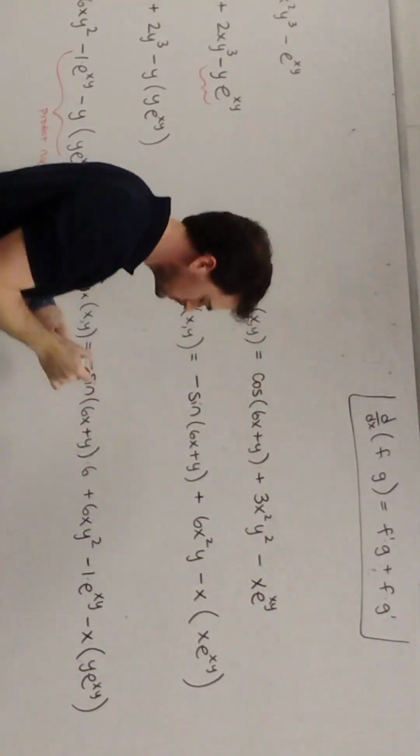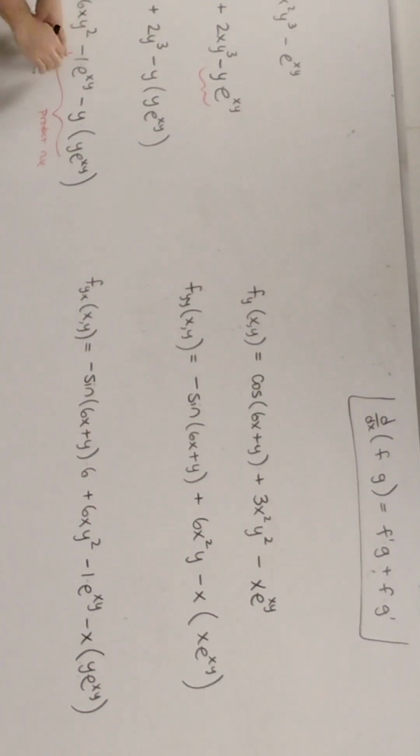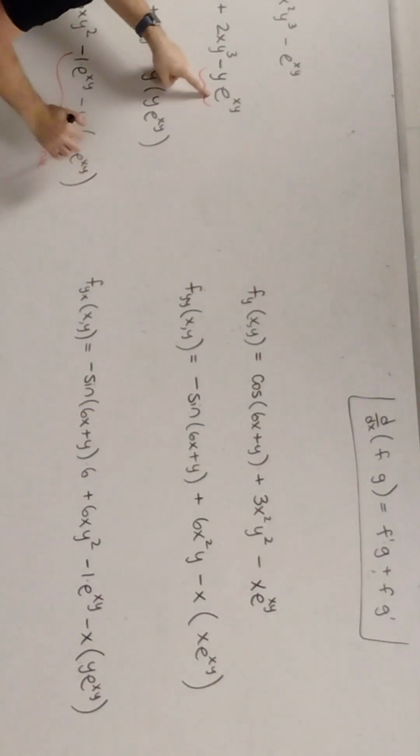So we're going to change that one then to x, so negative y times x e to the xy? Derivative of the first, keep the second, keep the first, derivative of the second. This is with respect to y, so this should get x.